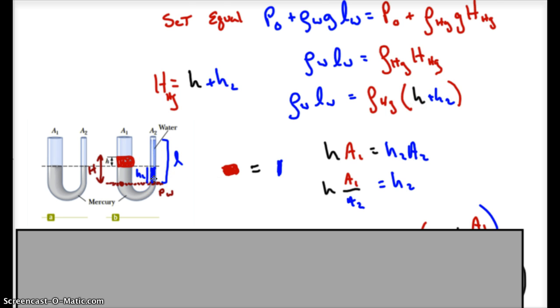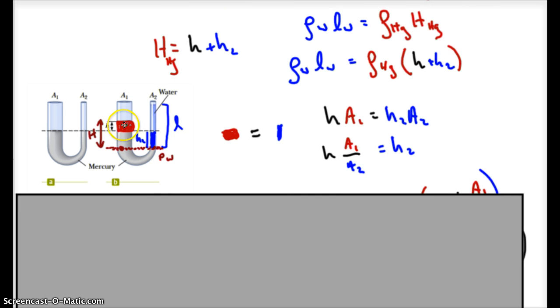So here's what we need to realize about equal volumes. This red patch right here, since this amount of water displaced a certain amount of mercury, that has to be equal to the volume of mercury that was lifted up before.